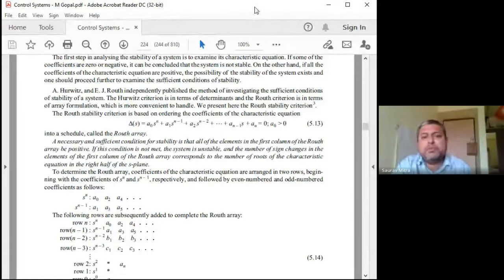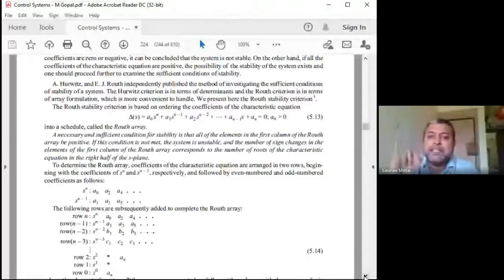But at present, you don't need to worry about what a determinant is. Just think that we have found C(s) by R(s) or Y(s) by R(s), that is Y(s) by X(s), output upon input. There you find a denominator equation, and the denominator equation is of the form a0 s raised to n plus a1 s raised to n minus 1 up to an equals 0.